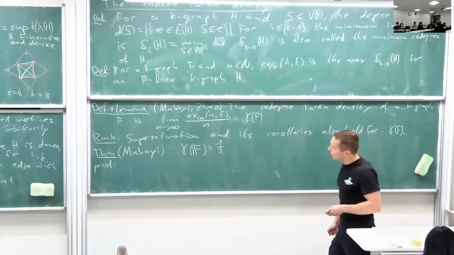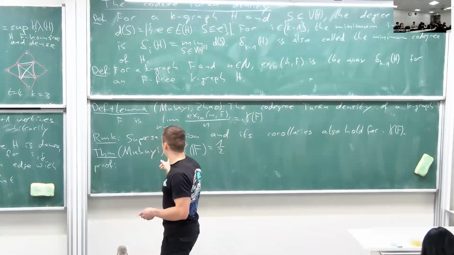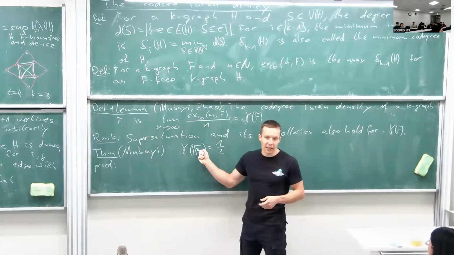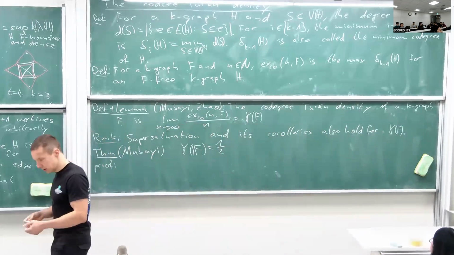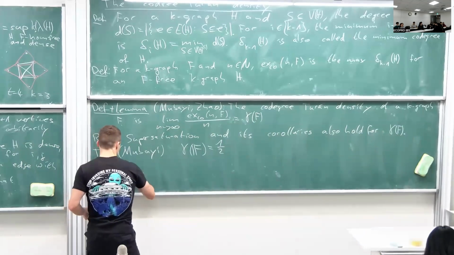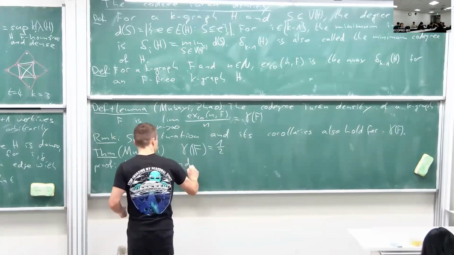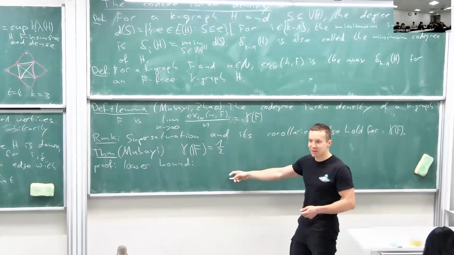Okay, so for the lower bound, we just remember the extremal example that we had here for the Turán density, which was, do we remember which one it was?